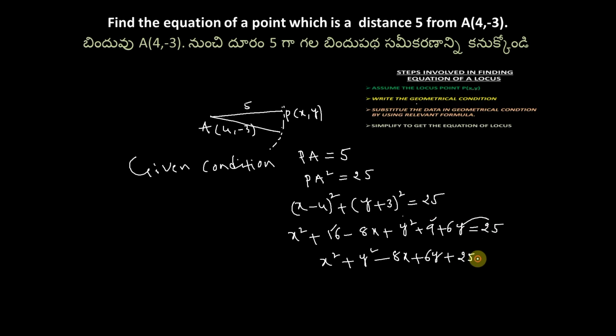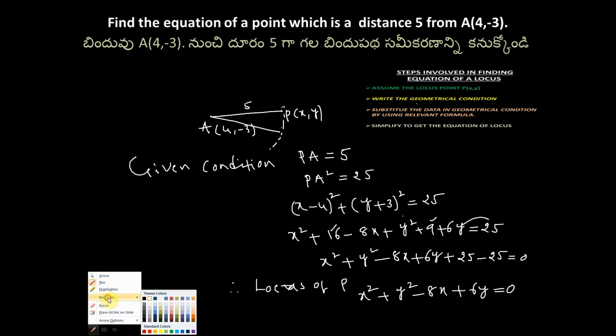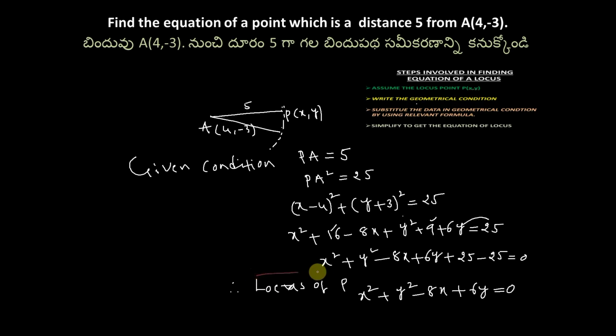Take this 25 to this side, minus 25 is equal to 0. Now finally, locus of P. Final answer: x² plus y² minus 8x plus 6y, the 25 cancels, equals 0. This is the final answer.